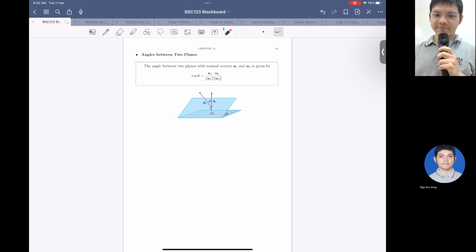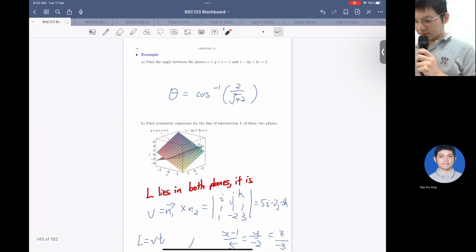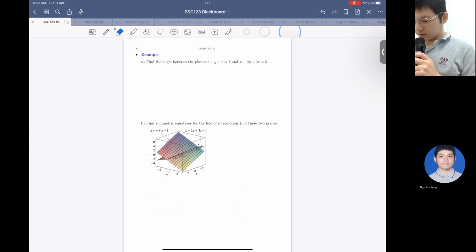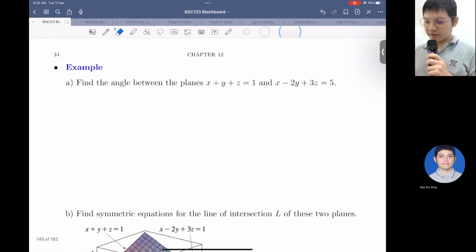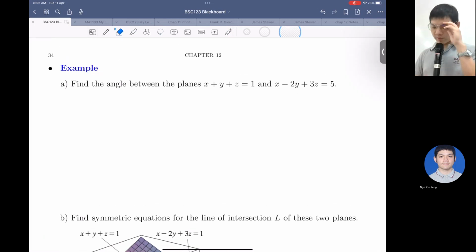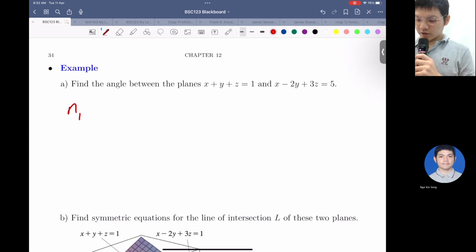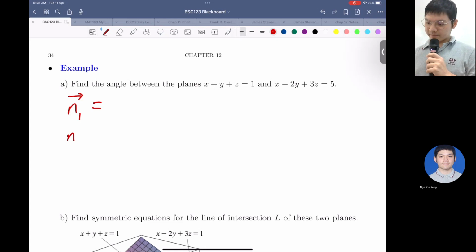Let's do an exercise. Find the angle between the two planes. From these two planes, can you get the two normal vectors? What are the two normal vectors here?